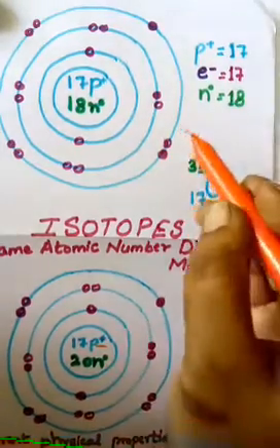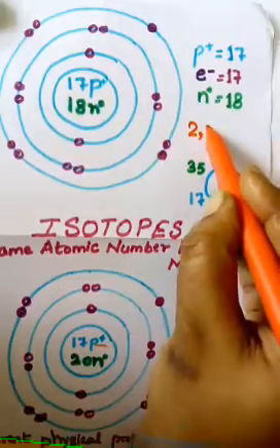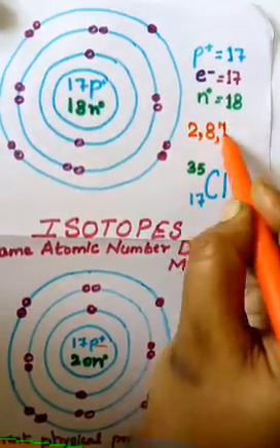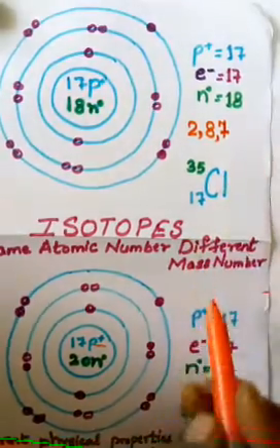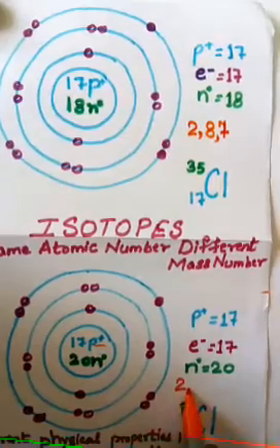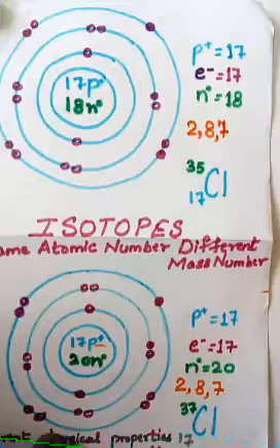What is the electron distribution here? In the first shell 2 electrons, in the second shell 8 electrons, and in the third shell 7 electrons. The same is the electron distribution in chlorine 37 also: 2, 8 and 7. That means there is no change in electronic configuration.